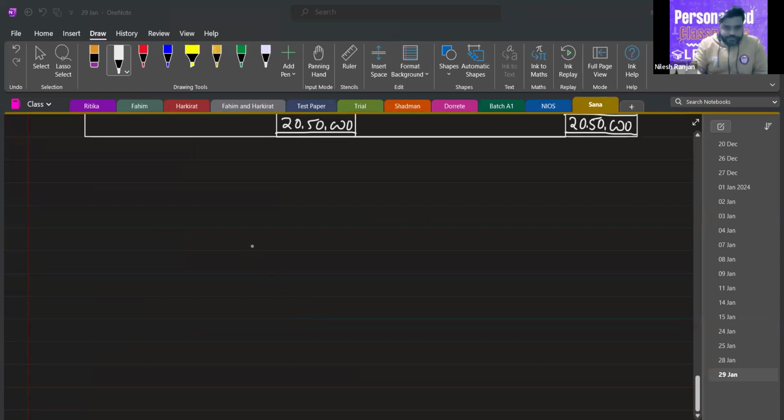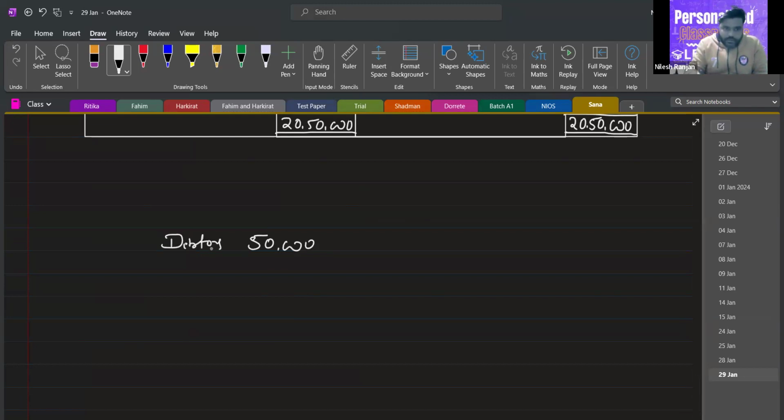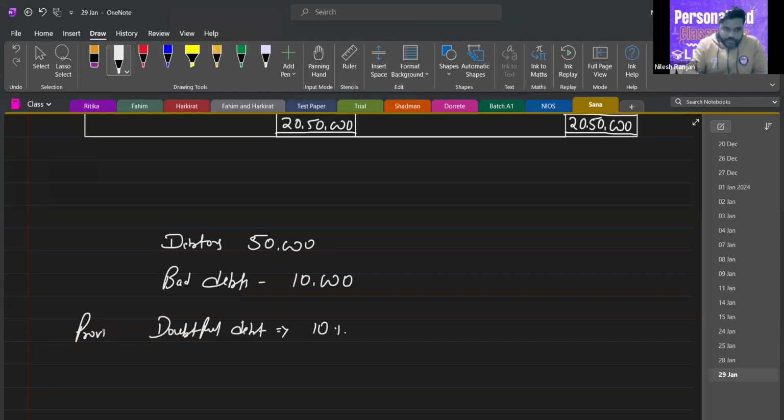Let's say the total amount of debtors is 50,000, and there is a bad debt of 10,000, and a doubtful debt provision of 10%.